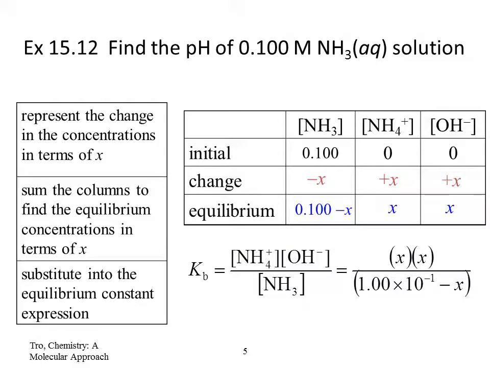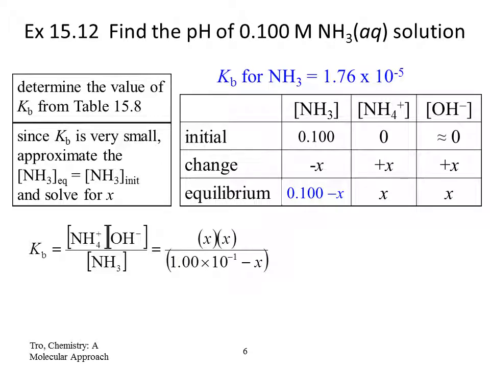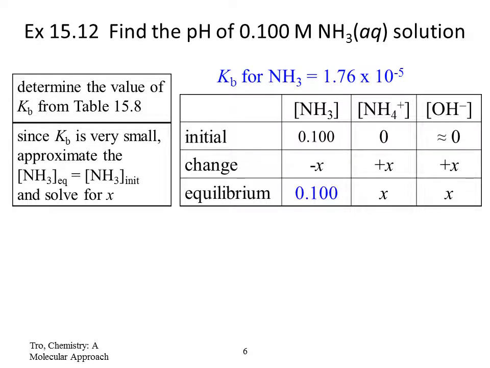Here we are generating an OH minus, so we call that Kb, which is the equilibrium constant for bases. Once you plug in all those values, you get this equation, and then we simplify it. You assume that X is very small, so the initial concentration will be the equilibrium concentration, and we are going to solve for X.